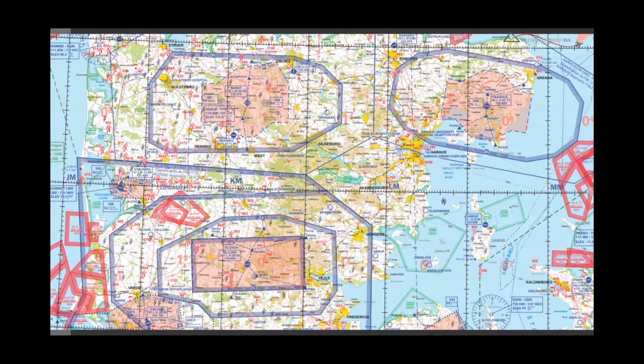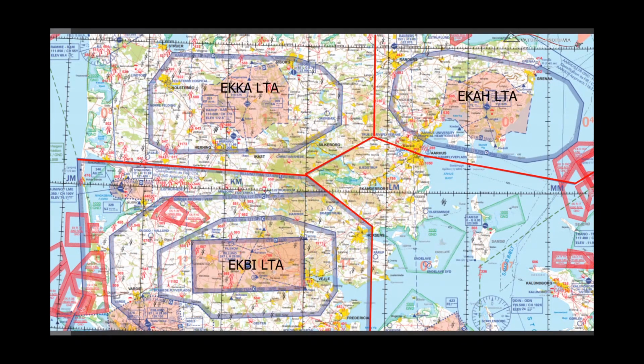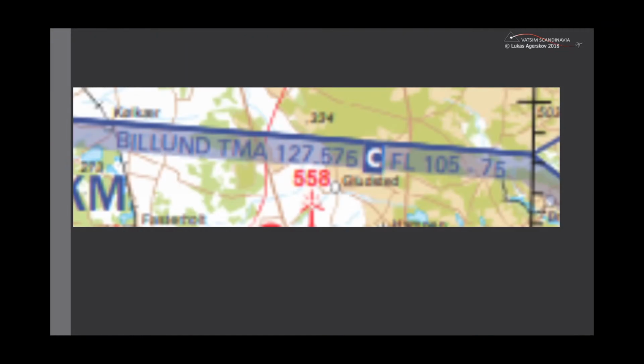On the Danish map, you see these LTAs all around Jutland, which gives areas of responsibility to the local traffic controller. Therefore, while your TMA goes to flight level 105, actually your area of responsibility goes to flight level 125, which is what is used between departures and arrivals.